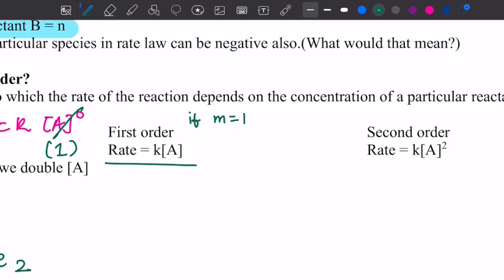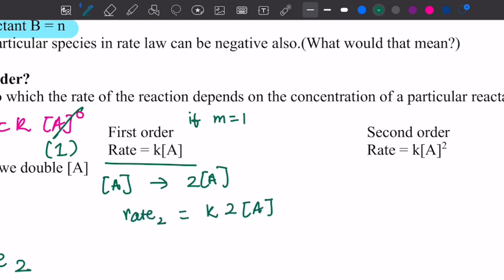What if m was equal to 1? Then we would get the rate law as rate equals k[A]. And now if you change the concentration of A to 2A, what happens? Well, the rate becomes k times twice the concentration of A, which becomes 2k[A].